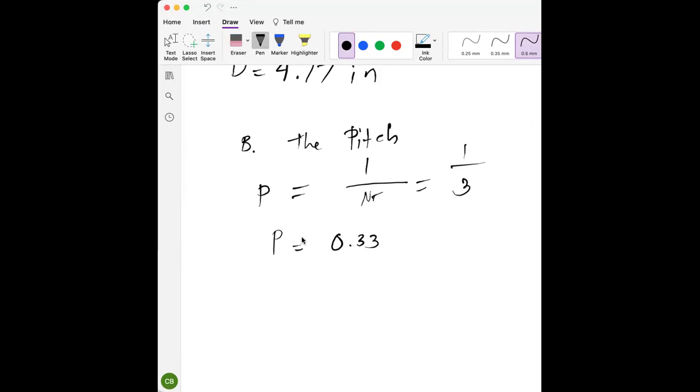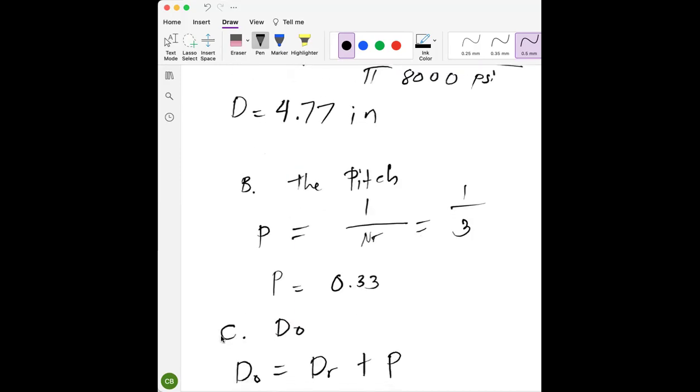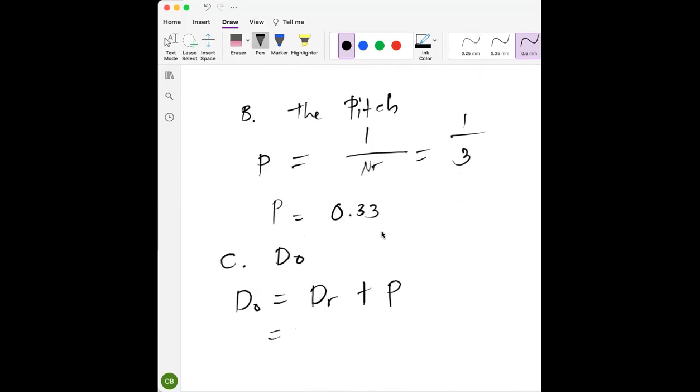Then next we will calculate the outside diameter, DO. In order to get DO, it would be the root diameter plus the pitch. We already computed the root diameter, which is 4.77, and we already calculated the pitch, 0.33.